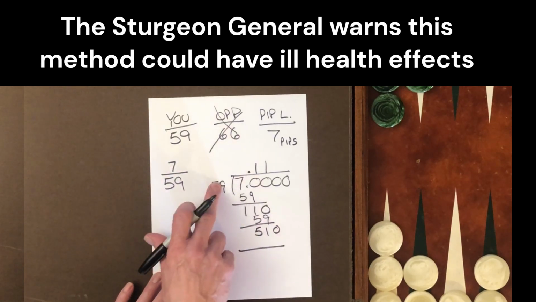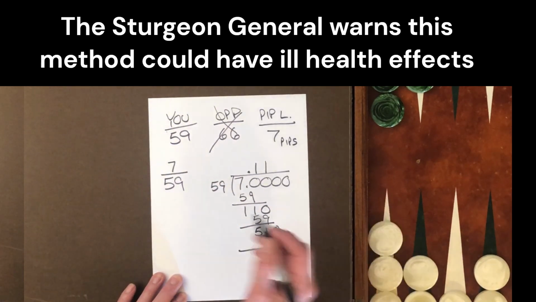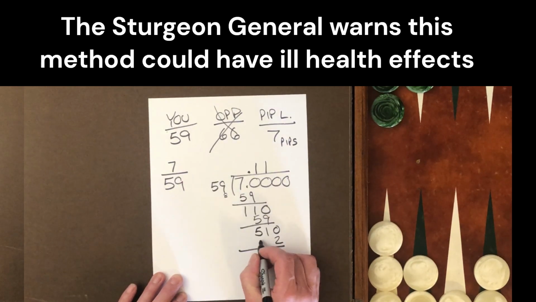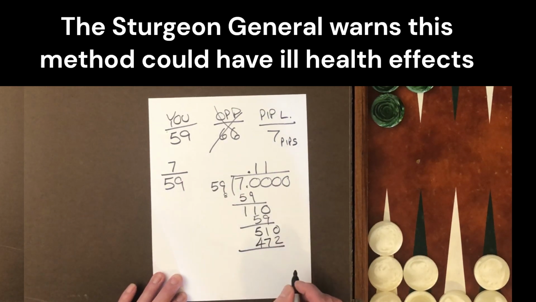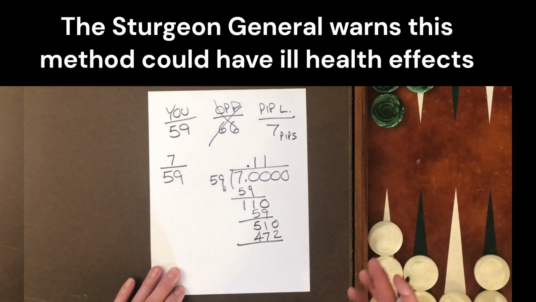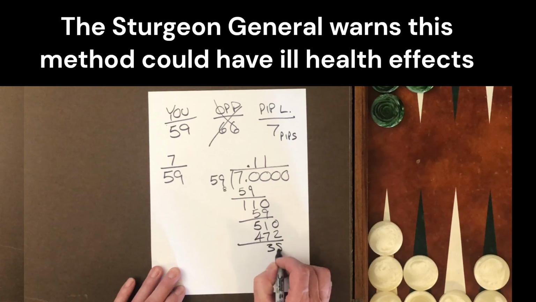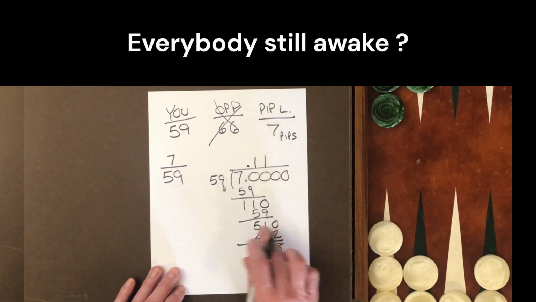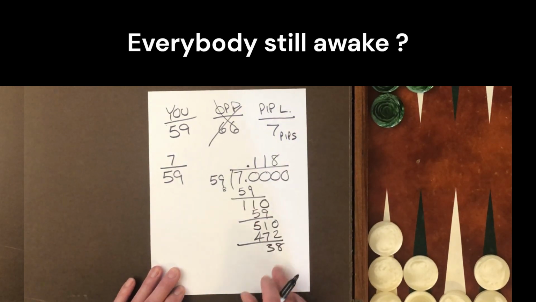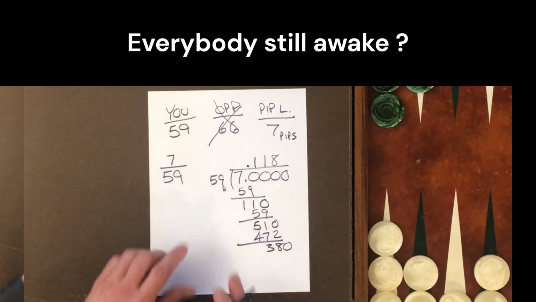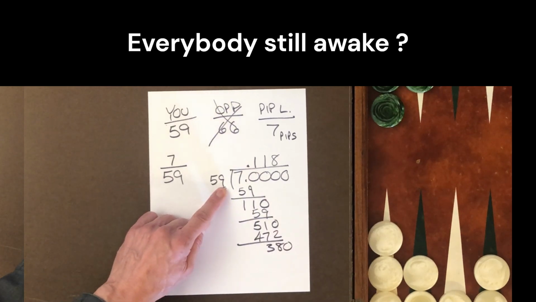So 67, 8? It's 8, right? 8. 72, 44, 72. Now we have to subtract these 2 numbers, which is 38. And this was 8 up here. Now we have to bring down the 0 if we want to be a little more accurate. 59, how many times does 59 go into 380?